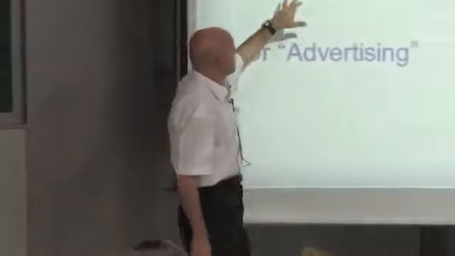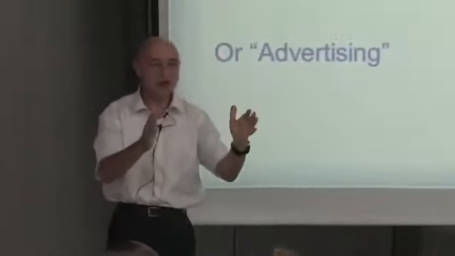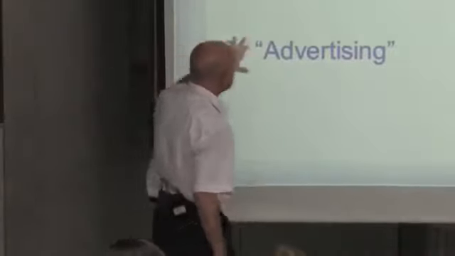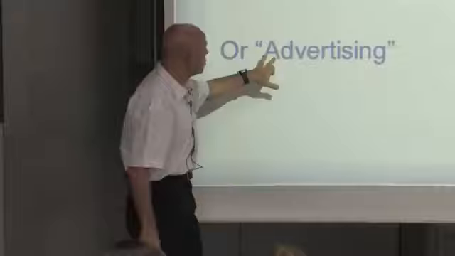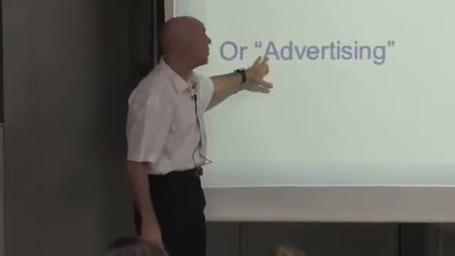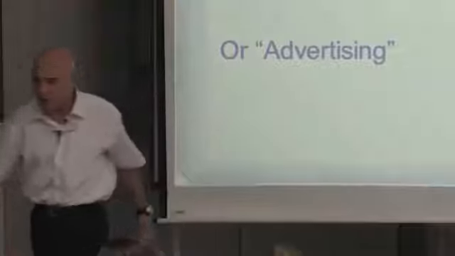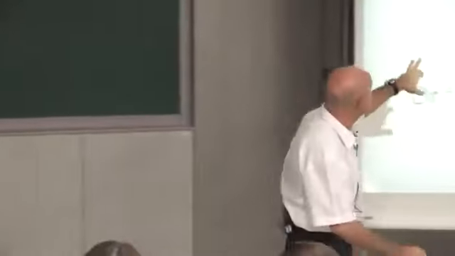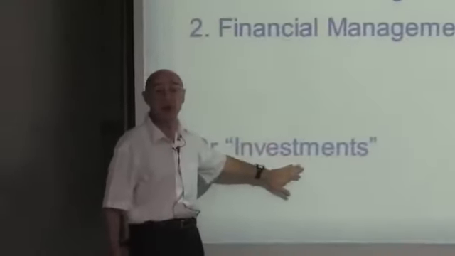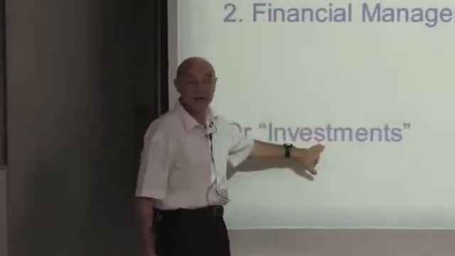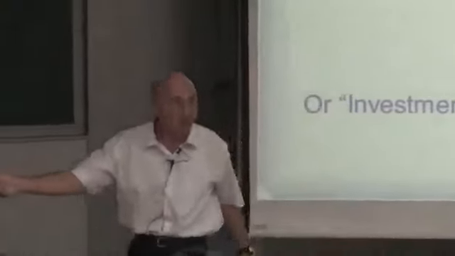Sometimes marketing is one huge textbook and it just goes half and half. Sometimes marketing two is separated out as advertising. Now, from the previous screen, I forgot, sometimes financial management two is also separated out as a separate course called investments. So instead of two, you get investments.